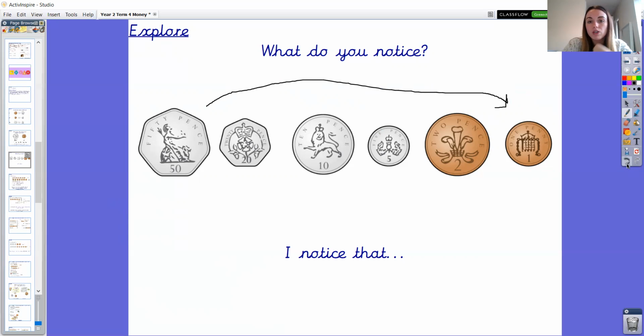And whilst they're in order, I notice that the coins are in a pattern. Can you see? A small coin, a bigger coin, a small coin, a bigger coin, a small coin, a bigger coin. So there are a few things that I noticed, Year 2.